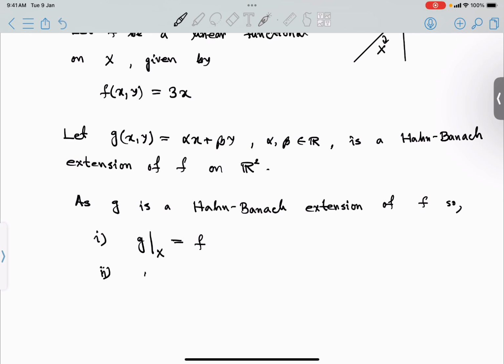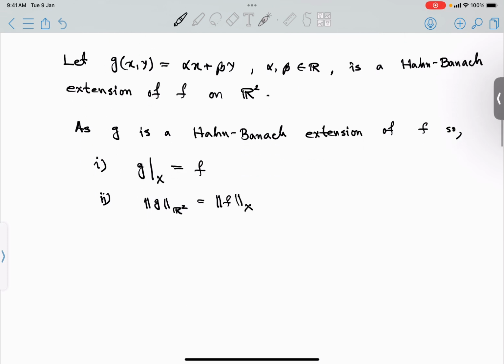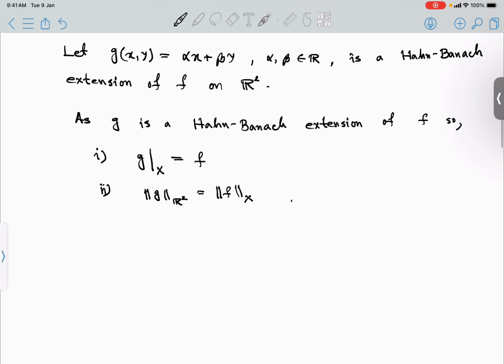And second, the norm of g on the whole vector space R2 and the norm of f over X should be the same. So these two properties tell us that you can extend the linear functional f to a linear functional g on R2 while preserving the norm. So we have to calculate g.